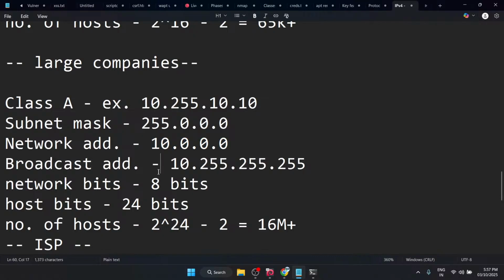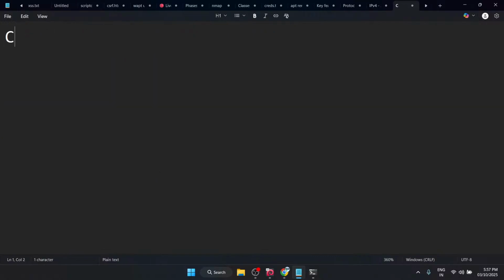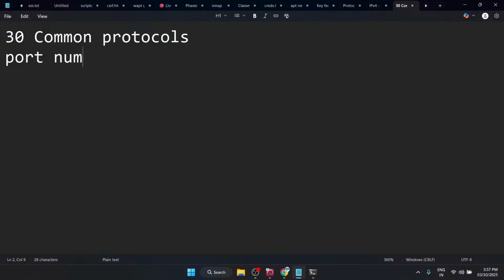Okay, I'm going to tell you about this again. Let's make it 30 common protocols with their port numbers and description.